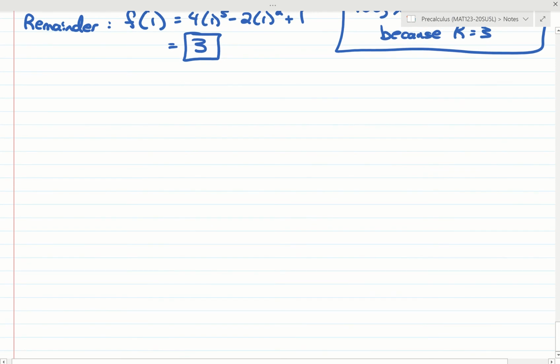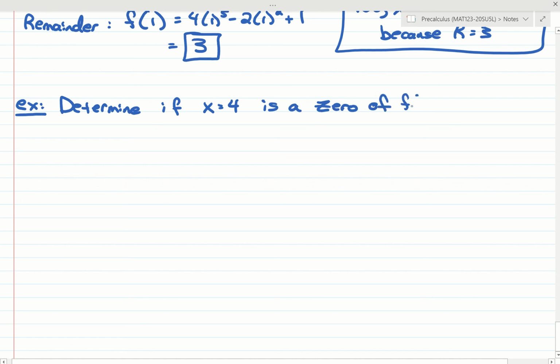Let's do one more problem, and that'll be it for this section. What if I ask you to determine if x equals 4 is a 0 of f of x is equal to negative x to the third plus 8x squared plus 63.